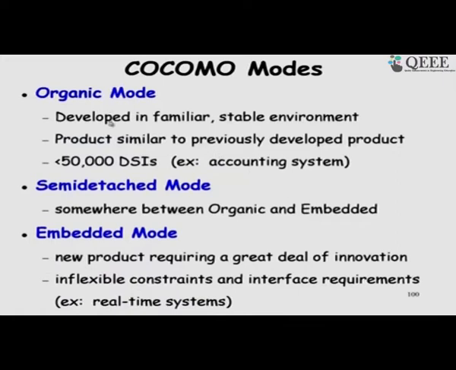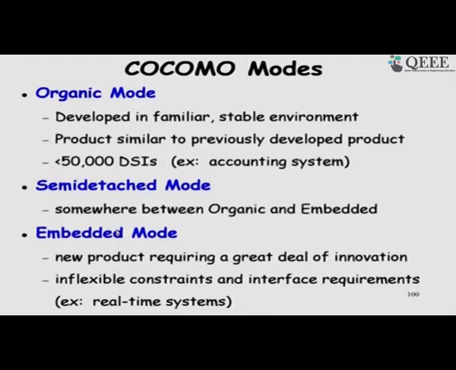But in the normal case, organic mode is one where the developers are very familiar with the software being developed, they have previous experience, and the requirements are stable. That is called the organic mode. Semi-detached is medium complexity and embedded is the largest complexity.